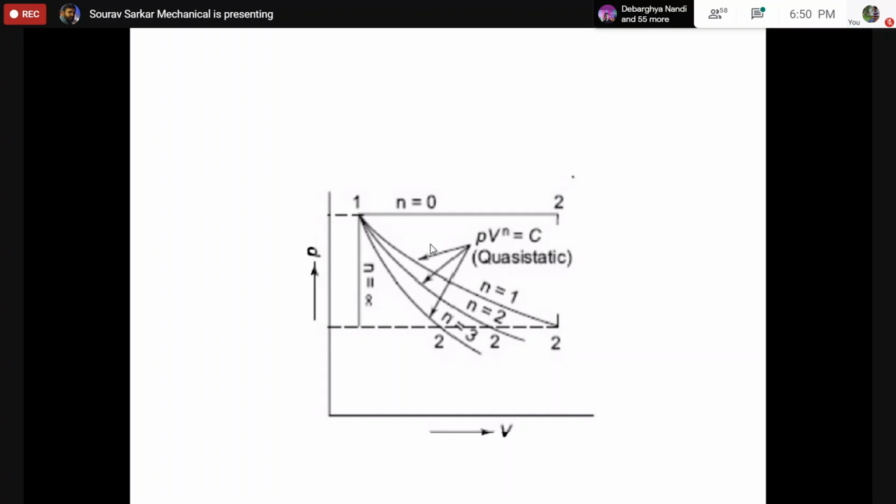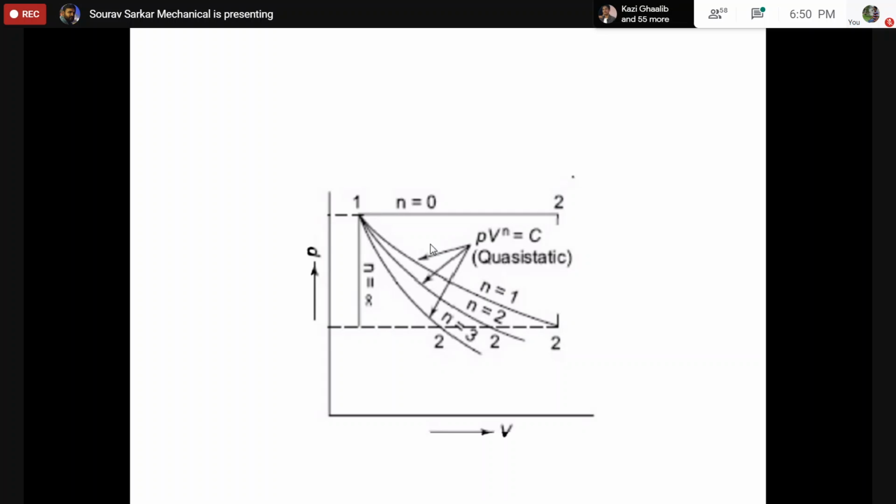Okay, so basically, you have to understand one thing, that you have a P versus V diagram. You know the initial point and you know the final point. These 2 points are known to you. So what you are doing, you are slowly moving from point 1 to point 2. Whenever you are moving from point 1 to point 2, it is passing through some intermediate points.